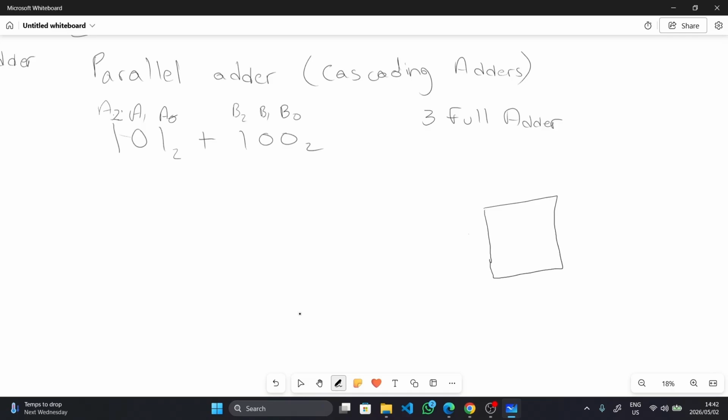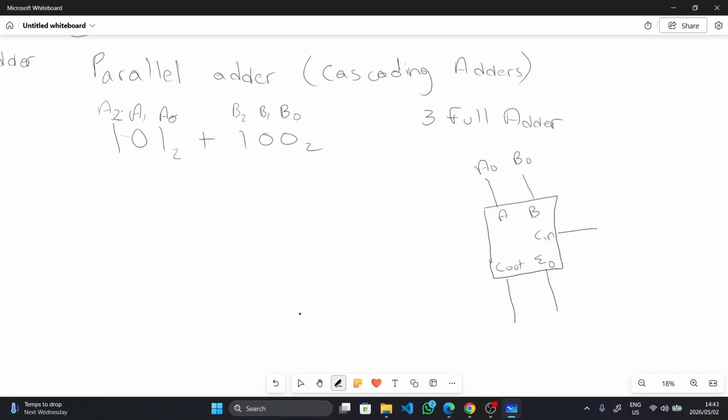So you have your adder, and we can just draw it like this. You will have your inputs, B0 and A0, right? And then you can draw your carry in here. Then we have our sum out, so we can call that sum 0, and then C out here, right?